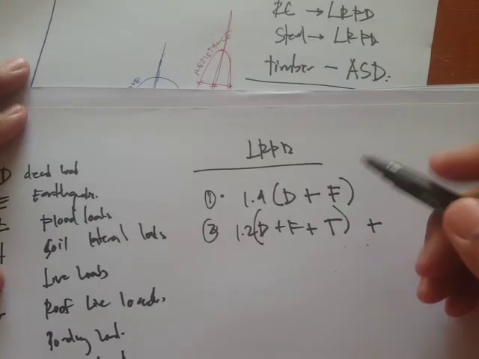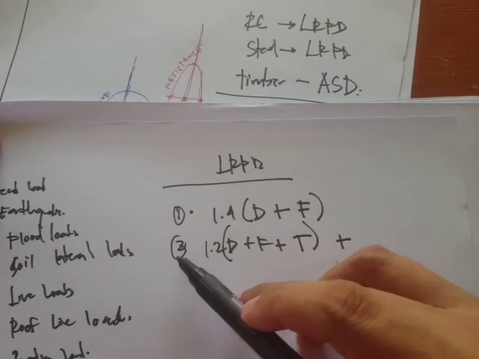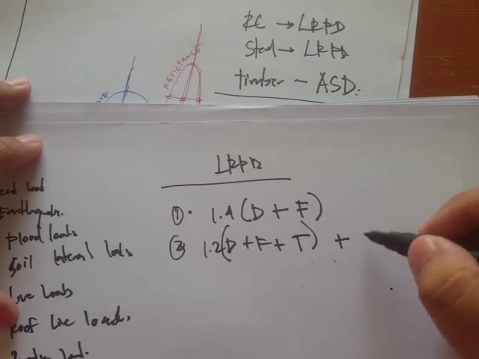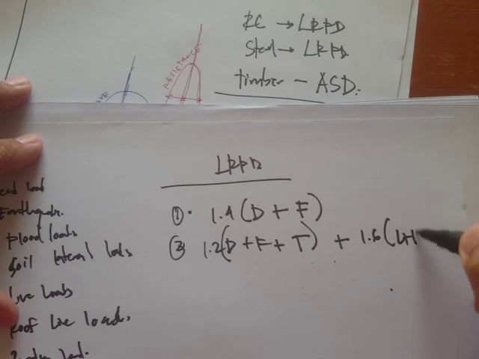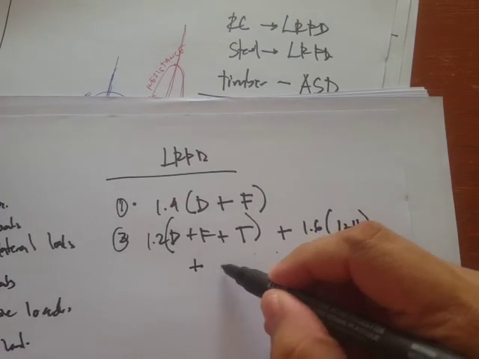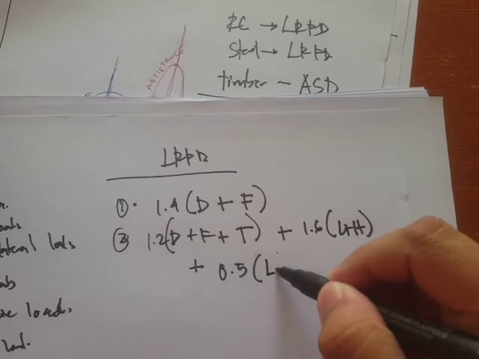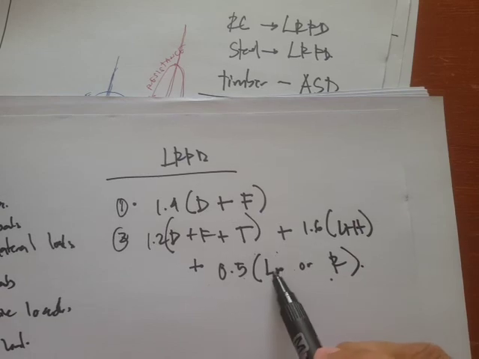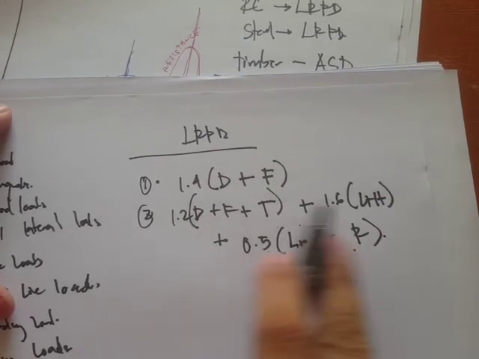So for the second load combination, we have 1.2 dead plus F plus T plus 1.6 L plus H, plus 0.5 LR or R, so roof live loads or rain loads.